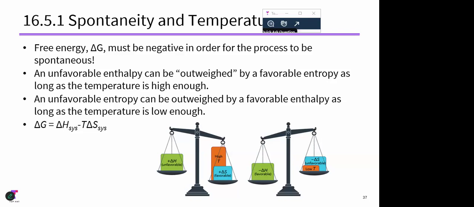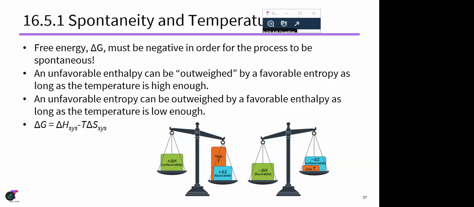And so what the Gibbs free energy equation allows us to do is quantify those kinds of scenarios. Because it's painstakingly obvious what's going to happen in certain scenarios. If I have a reaction where it is exothermic and gains entropy, I know it's going to be spontaneous because the enthalpy says that it's spontaneous, the entropy says it's spontaneous.